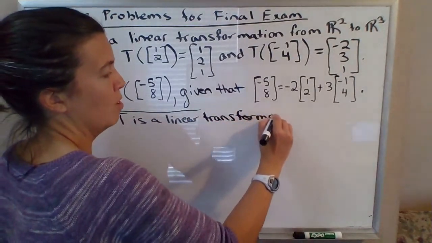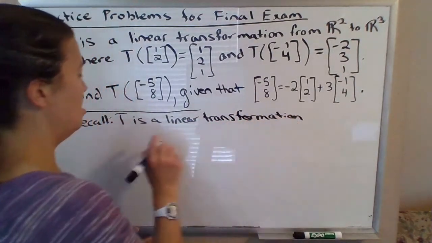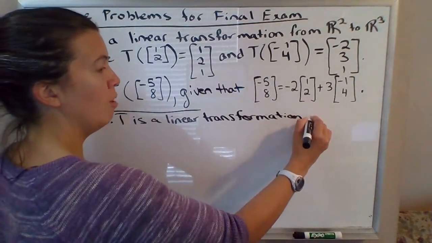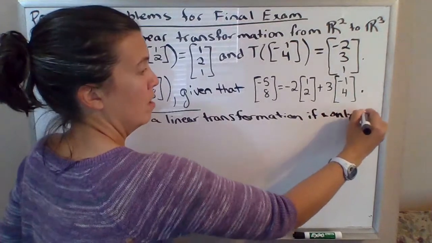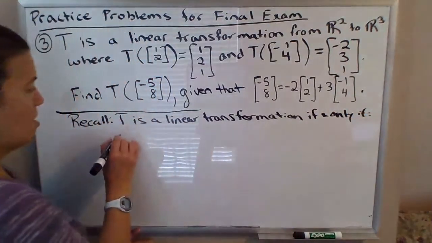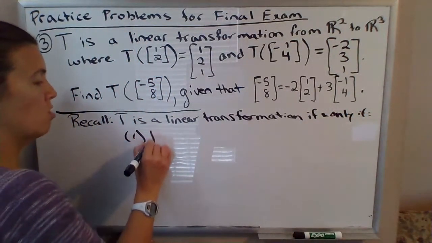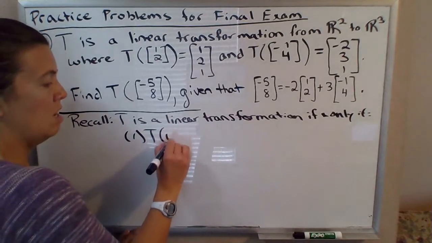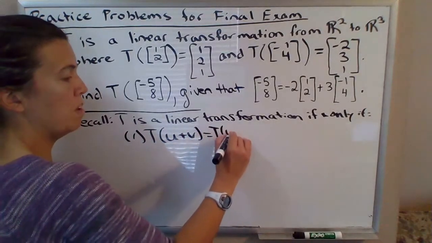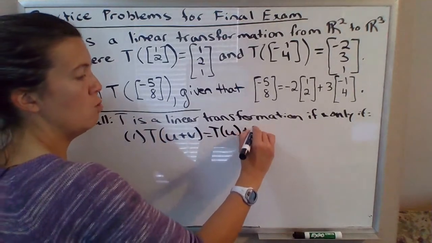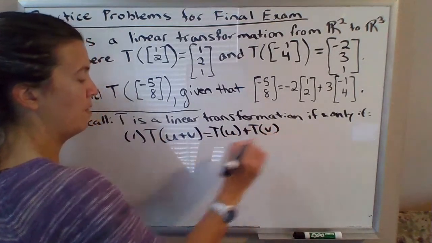Could have written this before I started the video, but oh well. T is a linear transformation if and only if it satisfies two requirements. First, T of u plus v is equal to T of u plus T of v for any vectors u and v in the domain.